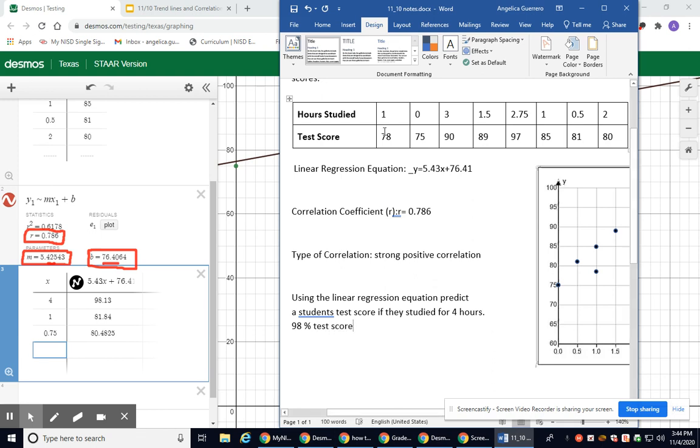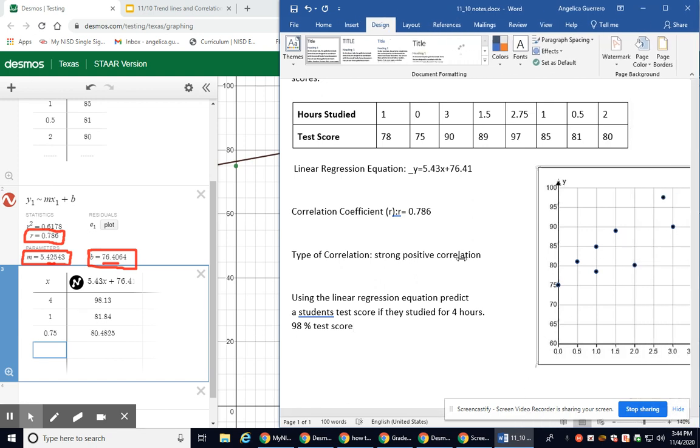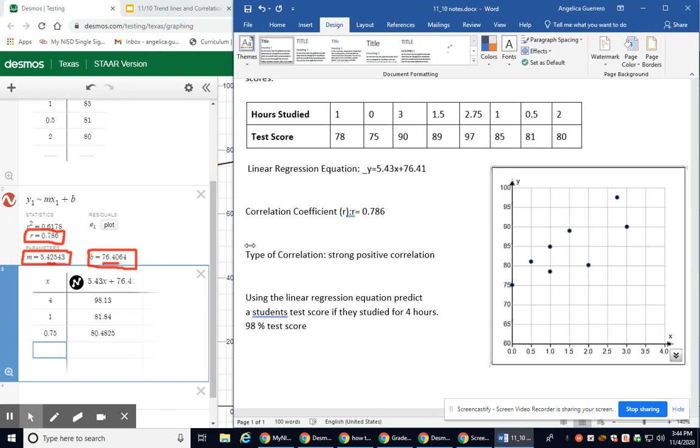Okay, so you're going to practice doing this on your own today. Whether you have a table or a graph, you would need to either take your graph and come up with those values from your graph and make yourself a table so that you can enter the table into the calculator. If you have only a table, use your table and enter it into your calculator.